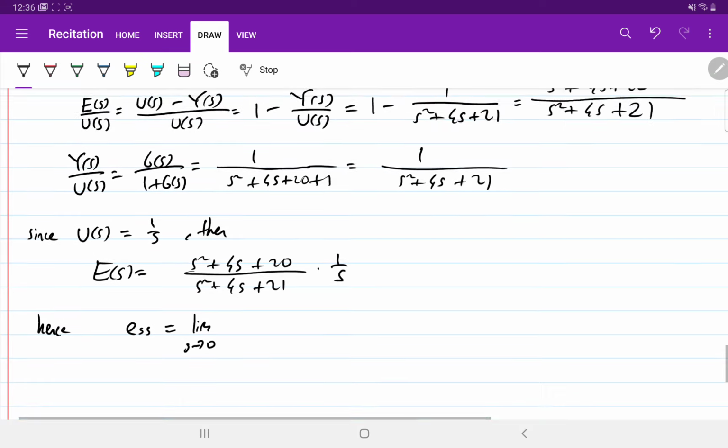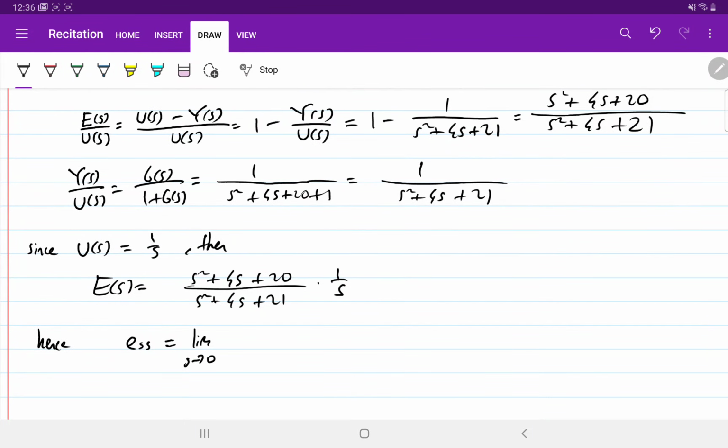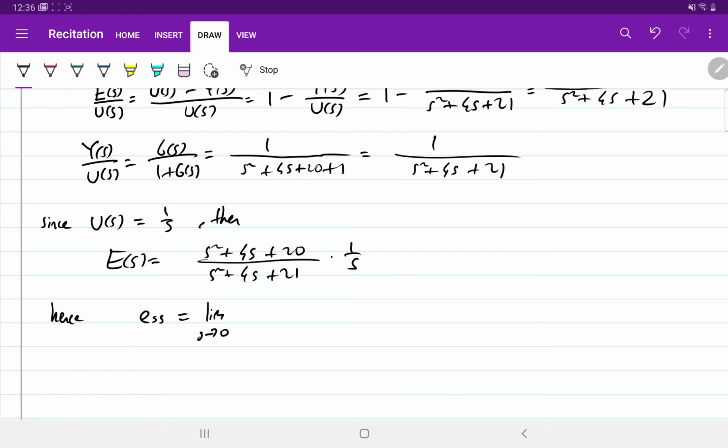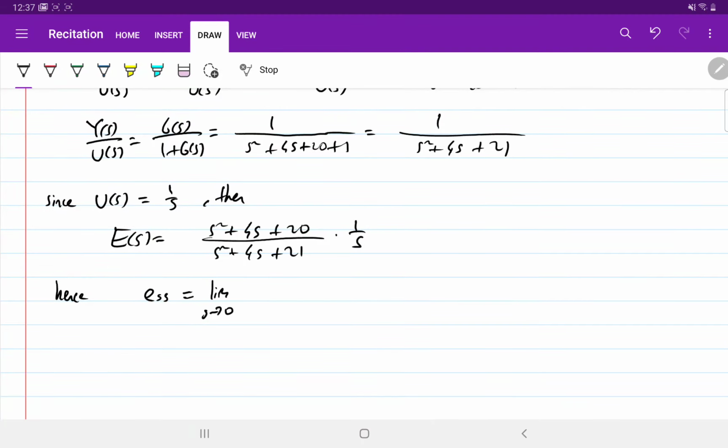Might be complex, but they have negative real parts, so we know that the closed loop system is stable. That's why we can apply the final value theorem. Remember that if the closed loop system is unstable, then we cannot apply the final value theorem, because the system is unstable anyway, so the steady state error will be infinity. So just keep that in mind.